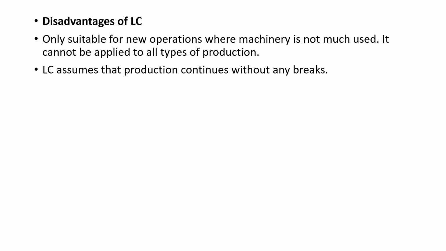Raw material can run short. Anything can happen. So in reality, production does not happen continuously without a break. So this learning curve cannot be applied in those kinds of production where there is a chance of interruption, where the production can be interrupted due to various factors.